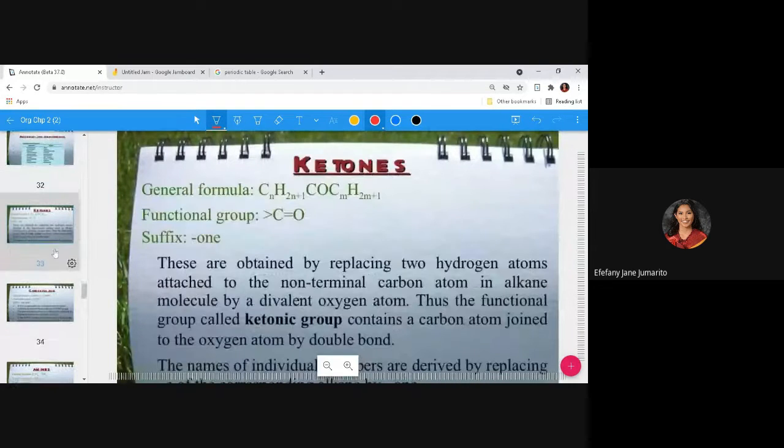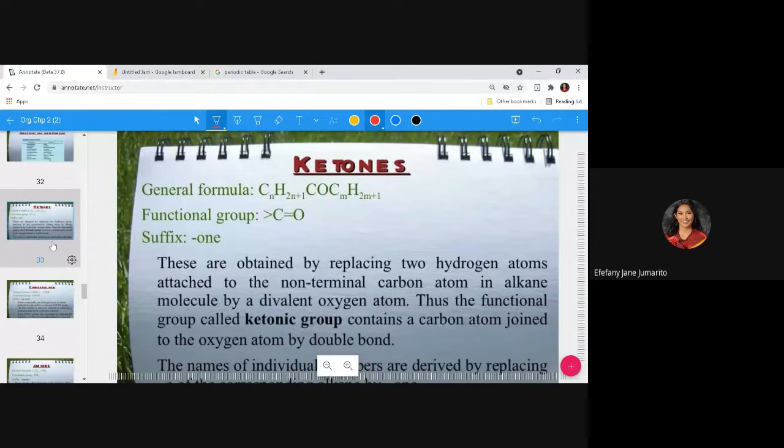So, aldehydes. Okay, so now this time, let's go to our ketones. Okay, for our ketones, the general formula is R. This is your R. Then we have your R, O, R. And then we have your double bond O. Then you have your again R. So see, this is your ketone.